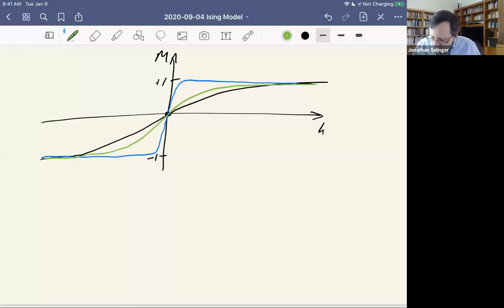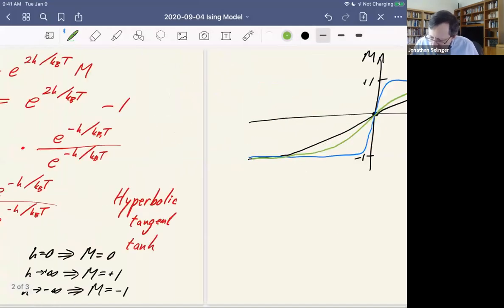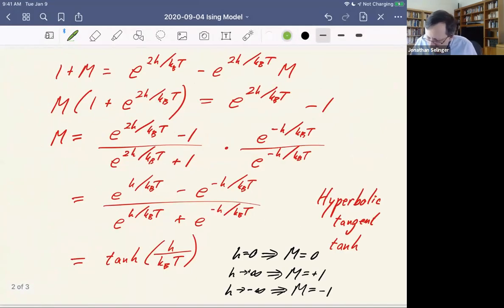If we have a function like this, you could see that everything depends on the ratio of h divided by temperature and Boltzmann's constant.